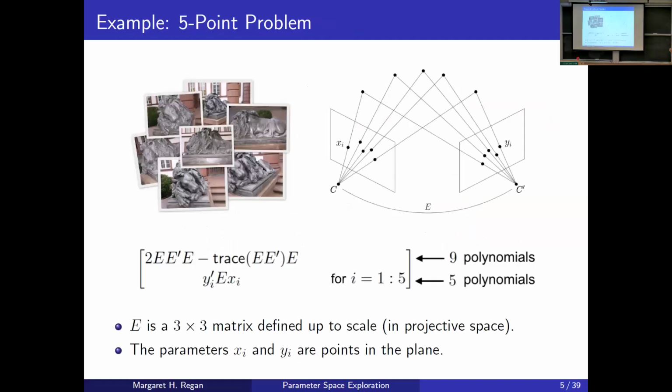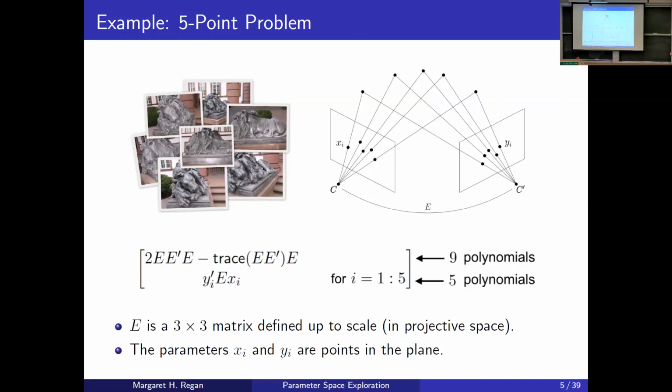So this is that polynomial system for the 5-point problem. And so we have on the left, this is an example, right, of we took some pictures of a 3D object. I like to pretend that you took this 3D object and put like 5 red stickies on it, and then you took pictures and all of those 5 red stickies showed up in the pictures that you took, and then you have those data points to work with.